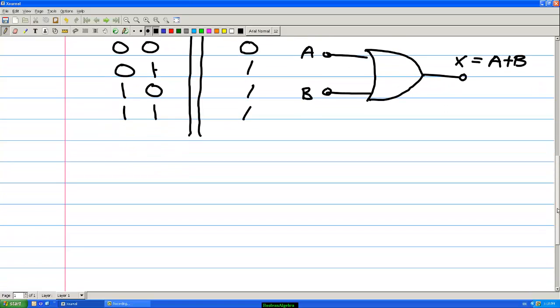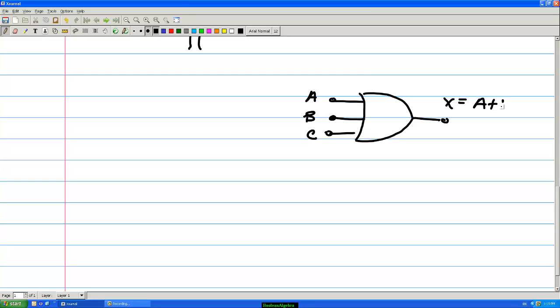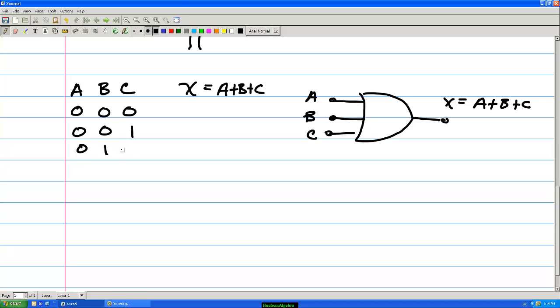So if we had a 3-input OR gate, one, two, three, and the inputs were A, B, and C, X would equal A or B or C. And the truth table would look like this: A, B, C, X equal to A or B or C. And we have to write every combination here: 0, 0, 0, 0, 0, 1, 0, 1, 0, 0, 1, 1, and on down the line here.